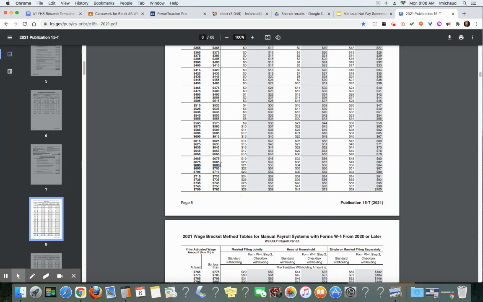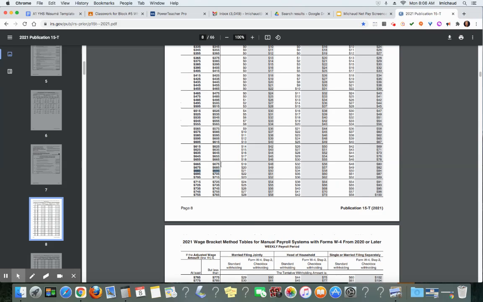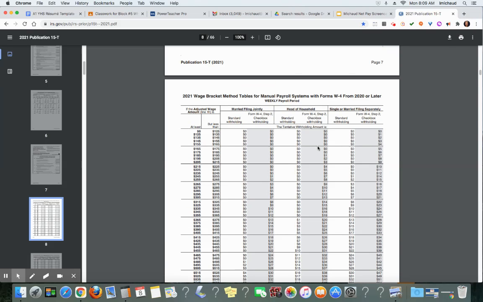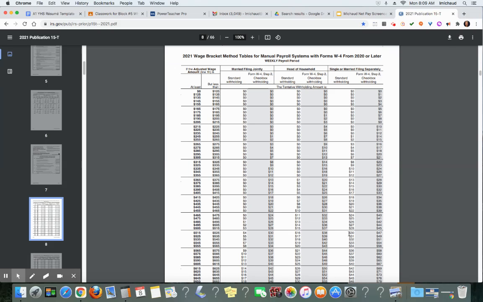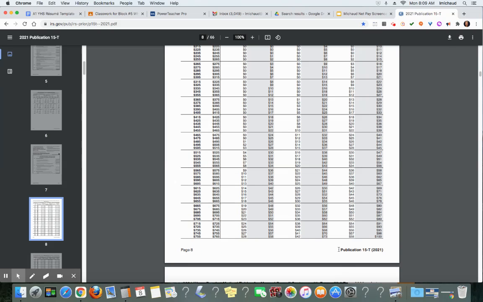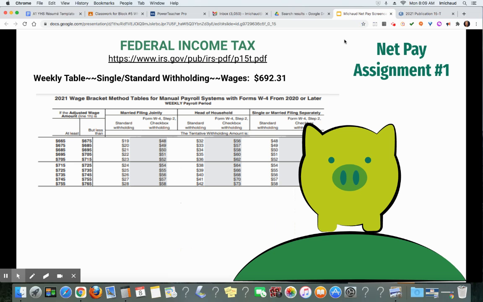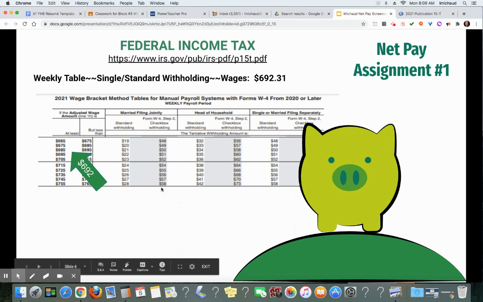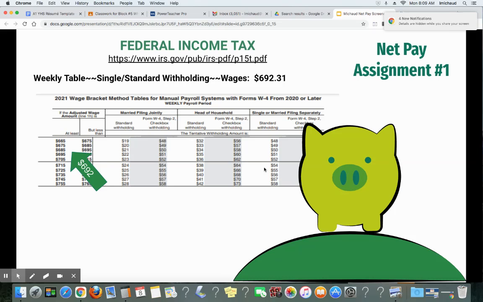So it's in between these two. Now we need to find the intersection of the wages and the standard withholding for a single person, which is this column, the next to last column. And then you'll notice it is $50. I'll show you on this presentation. It's at least $685, but less than $695. And single standard withholding, $50.